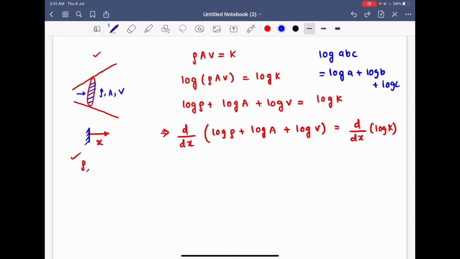So as I'm moving forward, x is changing, rho is changing, area is changing, and velocity will also change. So if I differentiate with respect to x, what will I get? This will be 1 by rho d rho by dx. Plain differentiation. Then 1 by A.